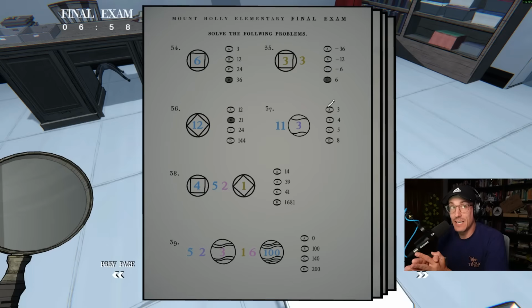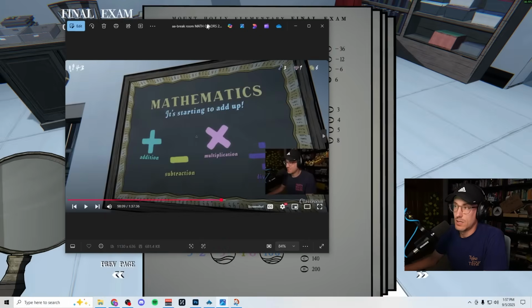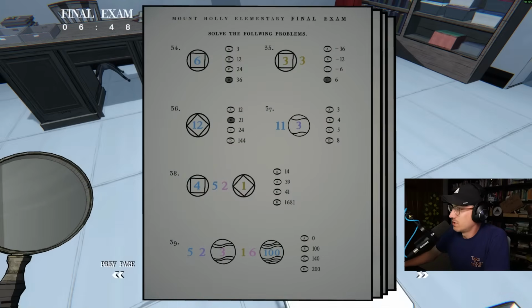Do I do the rounding before or afterwards? We're dividing here and then we round. That's gotta be it, right? 11 divided by 3 and then rounded is probably 4, but 3.6667.